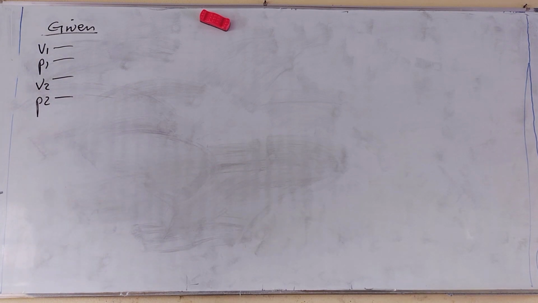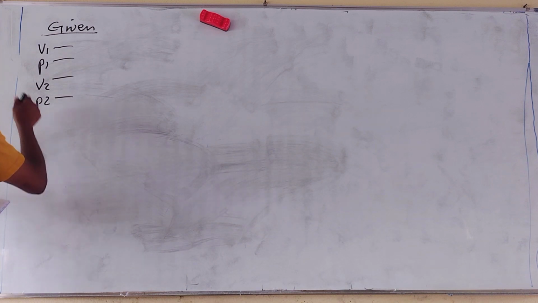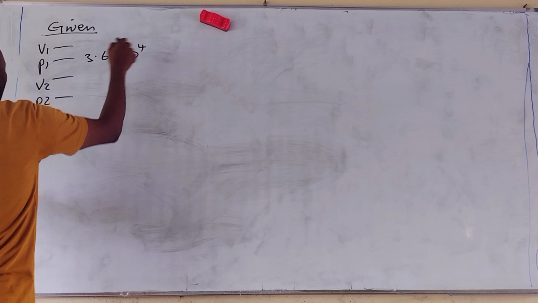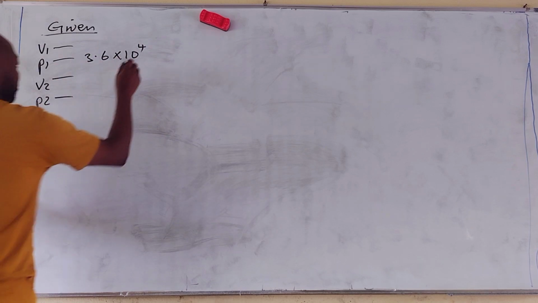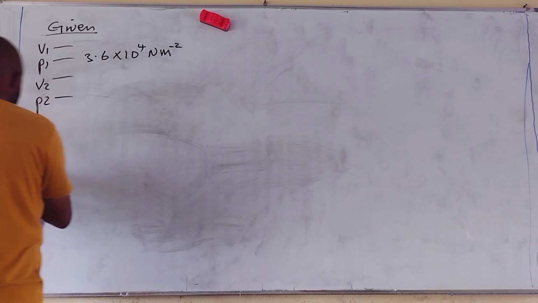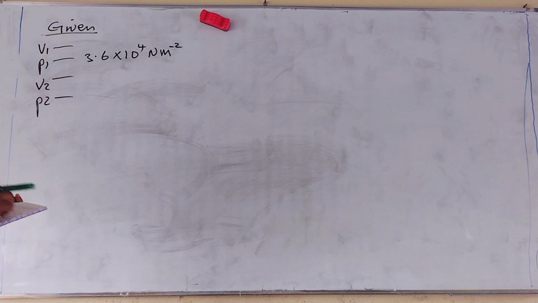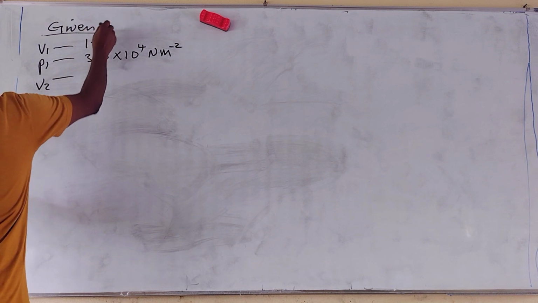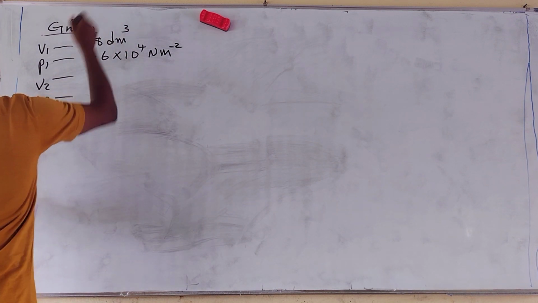Now, a given mass of gas at 55 degrees Celsius has a pressure of 3.6, P1, 3.6 times 10 raised to the power 4 Newton per meter square, and occupies a volume of 1.8 dm cube. V1 is 1.8 dm cube.